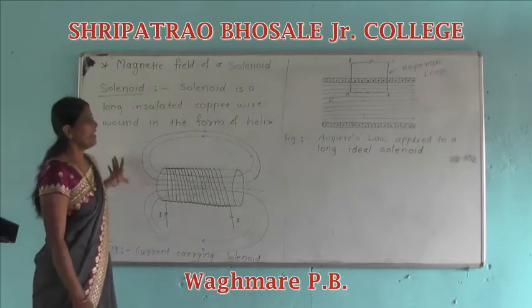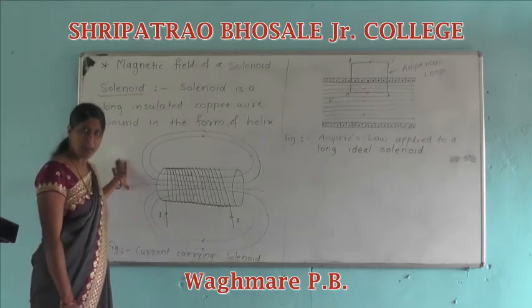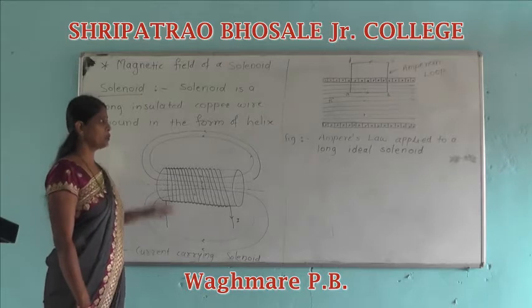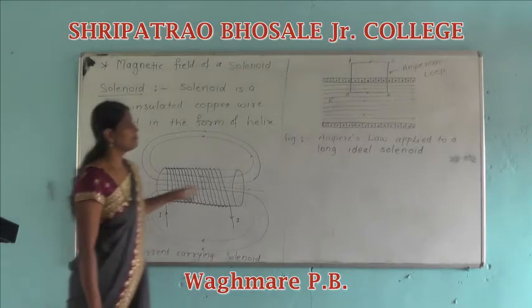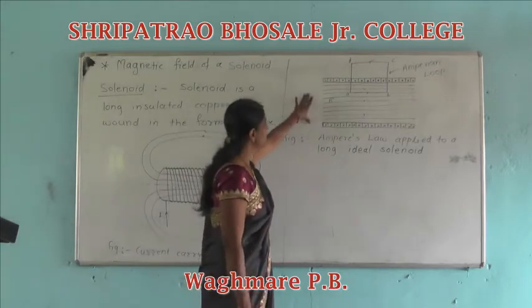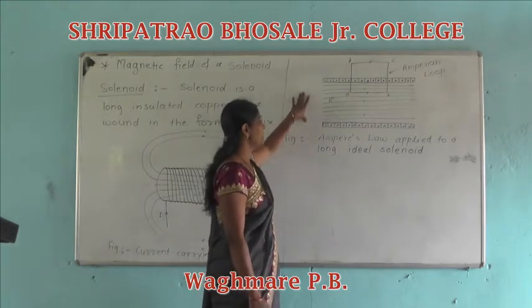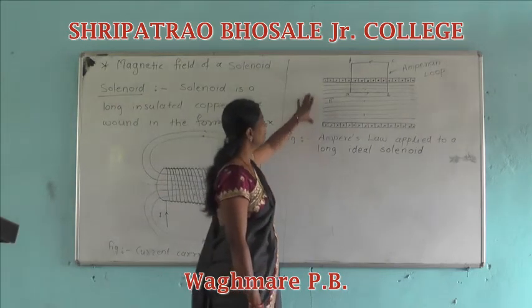Here we will apply Ampere's law to find the magnetic field inside the solenoid and outside the solenoid. To apply Ampere's law, the figure is shown. Ampere's law is applied to a long ideal solenoid as shown in the figure.